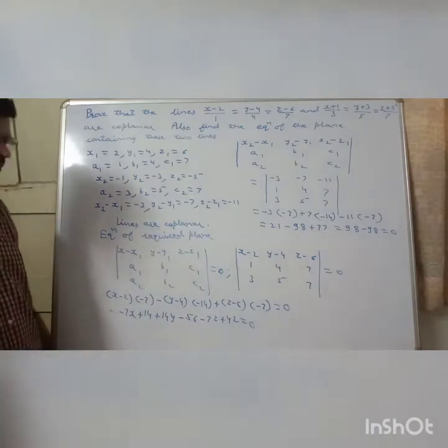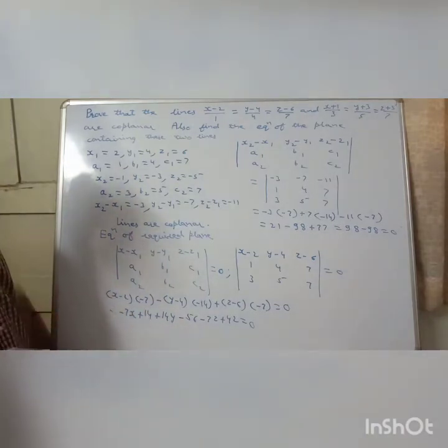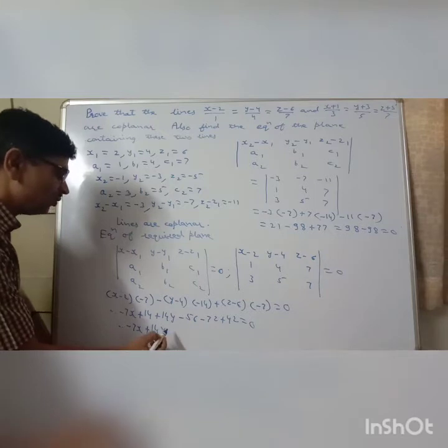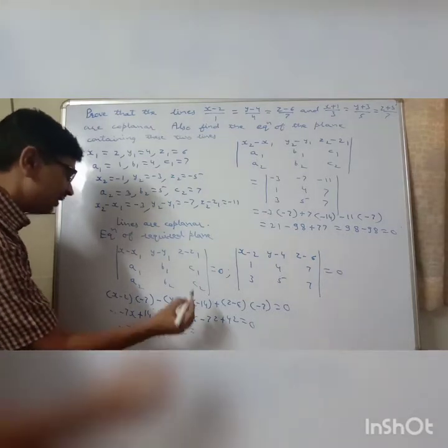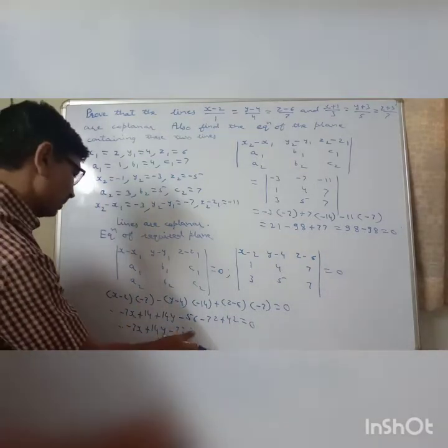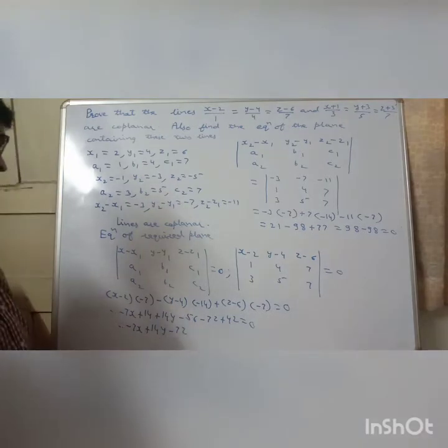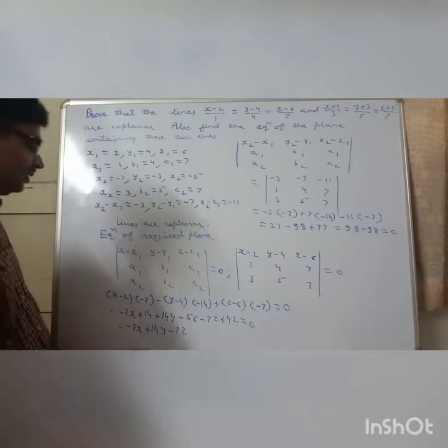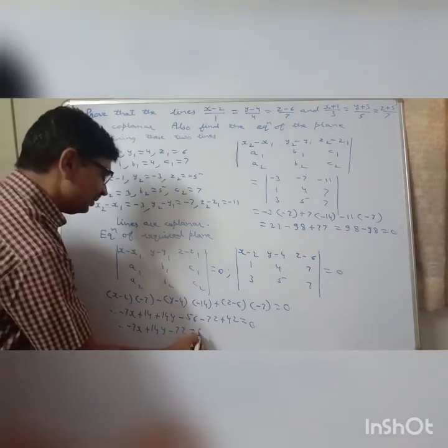Rearrange the terms. First we shall write terms containing x, y, z: minus 7x plus 14y minus 7z. Collect the numbers: 42 plus 14, 56, minus 56. Get cancelled.